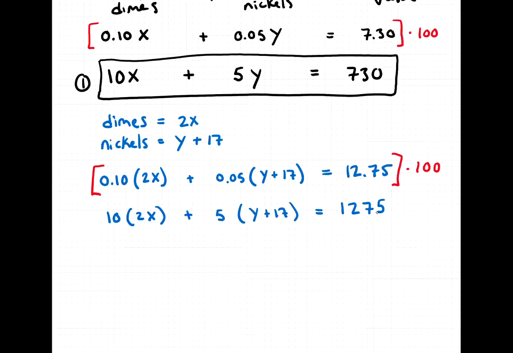So just move the decimal point 2 places to the right. And let's multiply through so we can break up these parentheses. 10 times 2x will be 20x, plus 5 times y is 5y, plus 5 times 17, and 17 times 5 is 85.